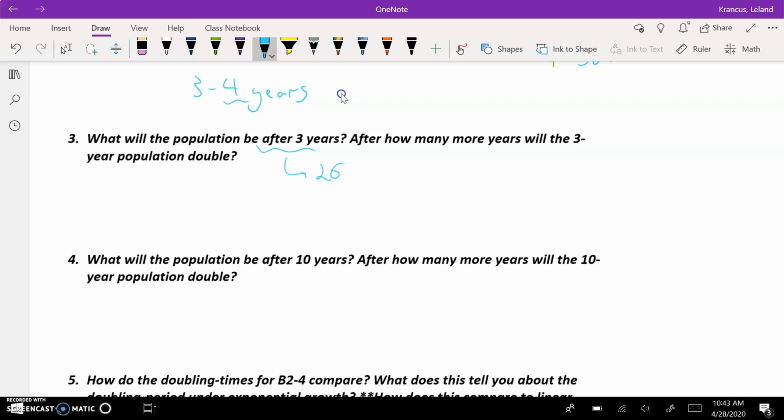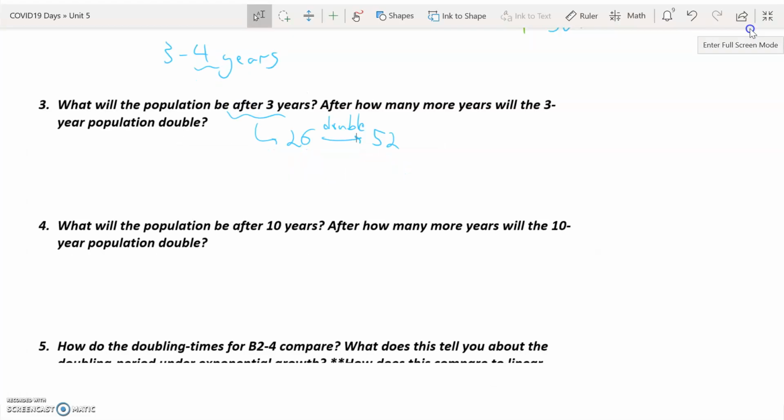And we want to see how many more years it will take for that to double. So doubling means it's going to go up to about 52 rabbits. And it's okay to kind of fudge these numbers. Don't worry about those exact decimals. So going back to the calculator, we can see how long it takes to get to 52.